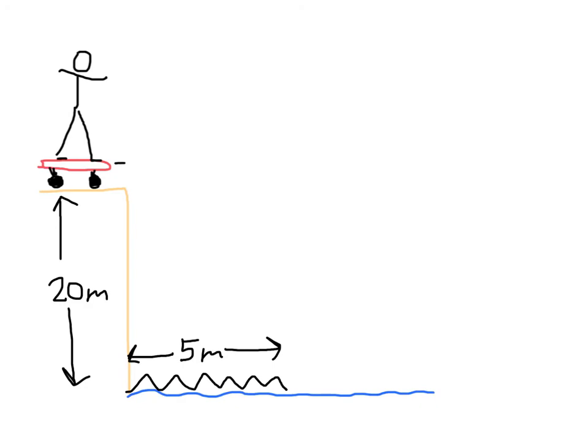And let's say that they're moving along here with a horizontal velocity equal to 12 meters per second. So just horizontal. They're just launching off like that, so no angle, nothing like that. So we want to find out, will they actually clear these rocks that are out at 5 meters?